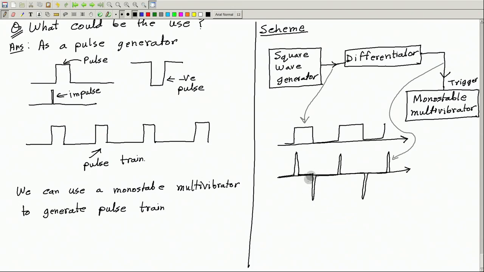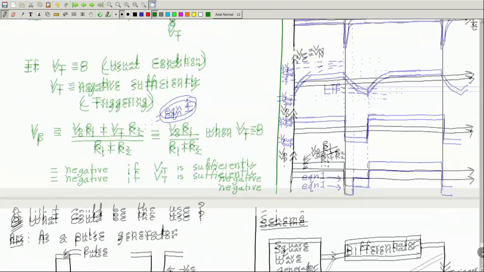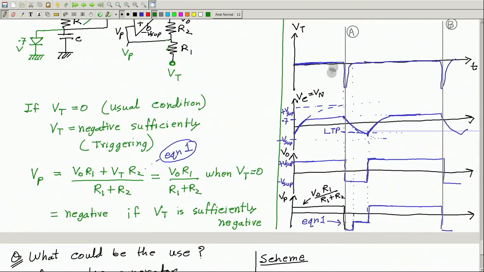Now, these negative pulses are the important things that we will consider. There are also these positive things here.